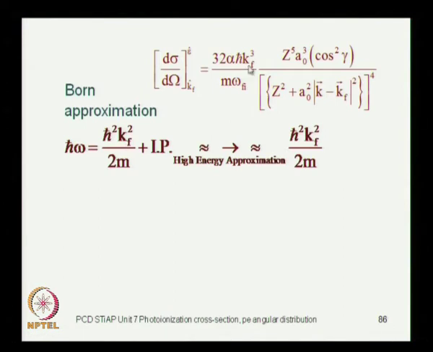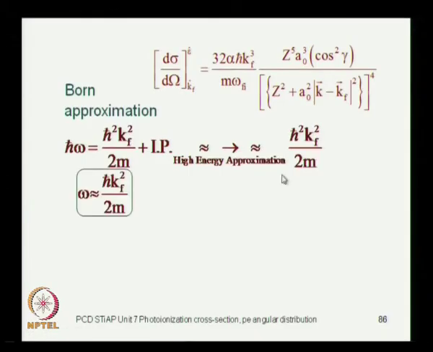Then the kinetic energy with which the electron comes out is much larger than the ionization potential, and this energy of the electromagnetic radiation is almost equal to the kinetic energy, more or less, given the fact that you are ignoring the small difference. Okay.